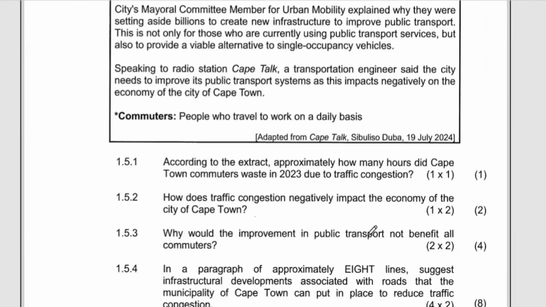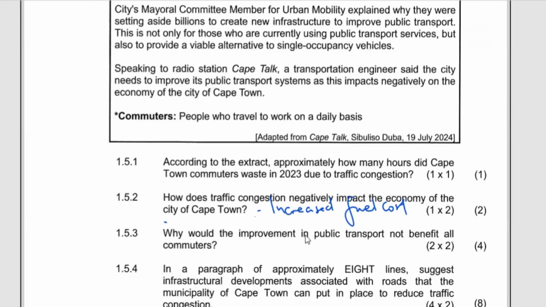Then how does traffic congestion negatively impact on the economy of Cape Town? How does traffic congestion impact negatively? Right, traffic congestion will cause increased fuel costs. That is going to negatively impact on the economy.